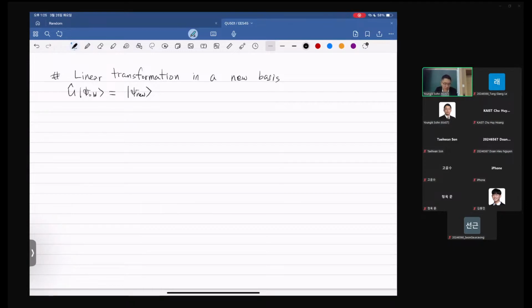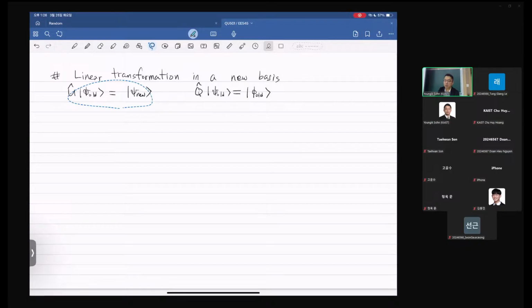There is an operator Q, and I apply this operator to this one. It's going to be that one. The psi becomes phi. But pay attention to these labels. This really means that you are changing the quantum state from here to here.